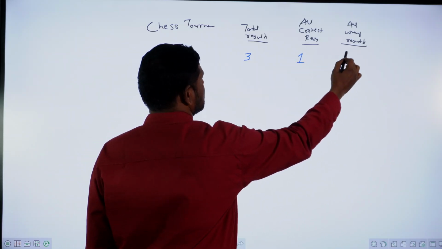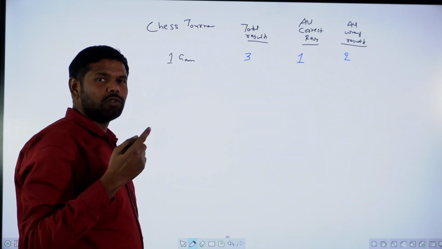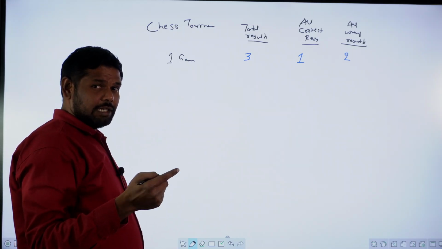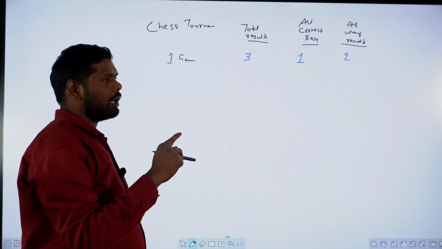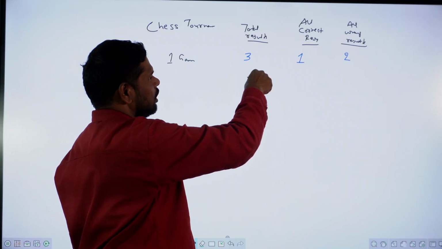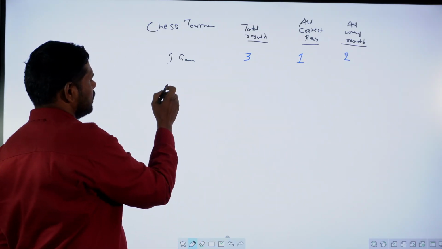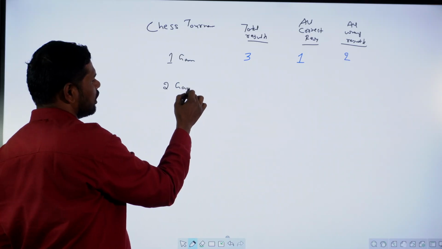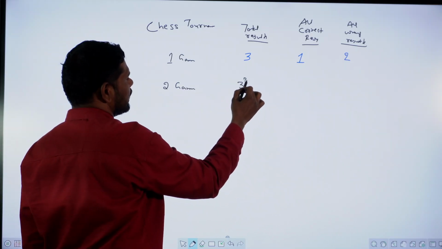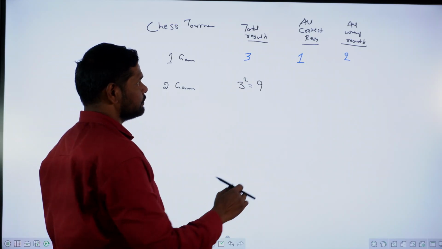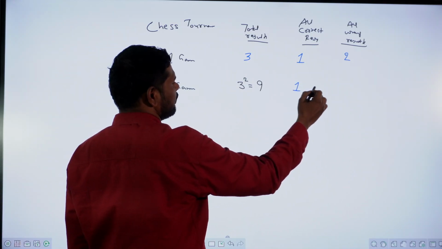But for wrong results, if he won, we can announce maybe lose or tie. If that game was a tie, then we announce either won or lose, in two different ways. So total results are three, but wrong results are announced in two ways. If two games are held in a tournament, total results are 3 squared, 9 outcomes, but correct results are announced in one way.